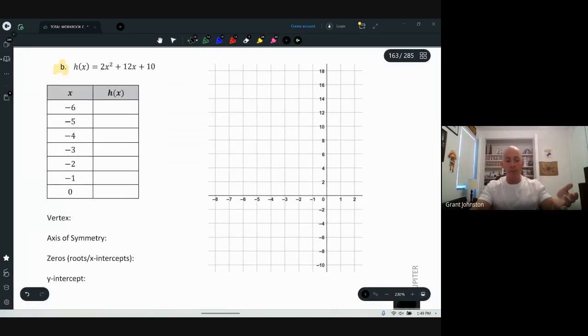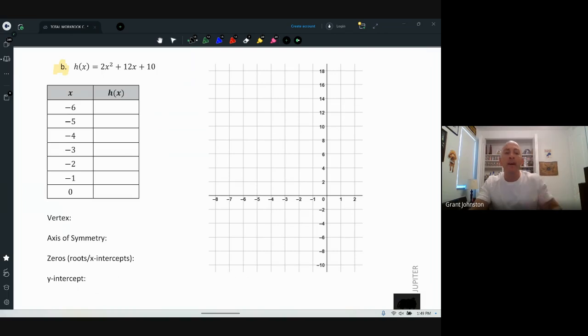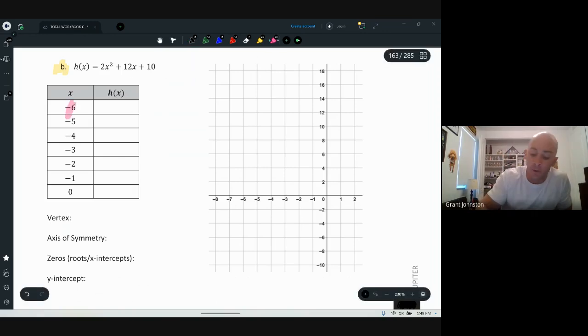Okay, so we're going to fill out the table. Now, there's not obviously a ton of room for work here, but in order to fill out this table, we're going to have to substitute all of these values in for x. So let's just start with -6.